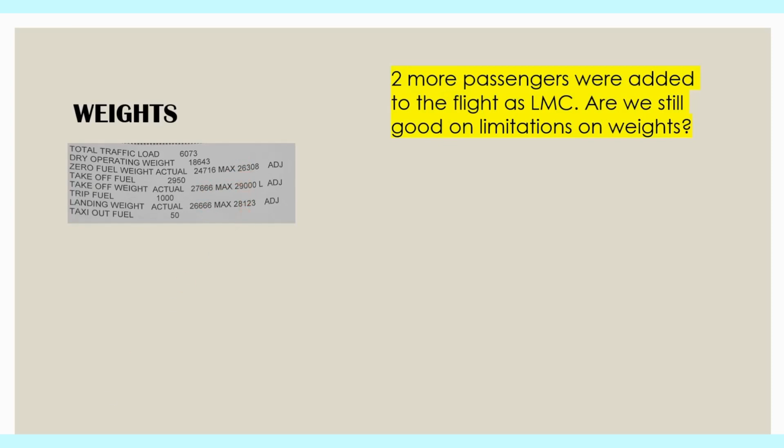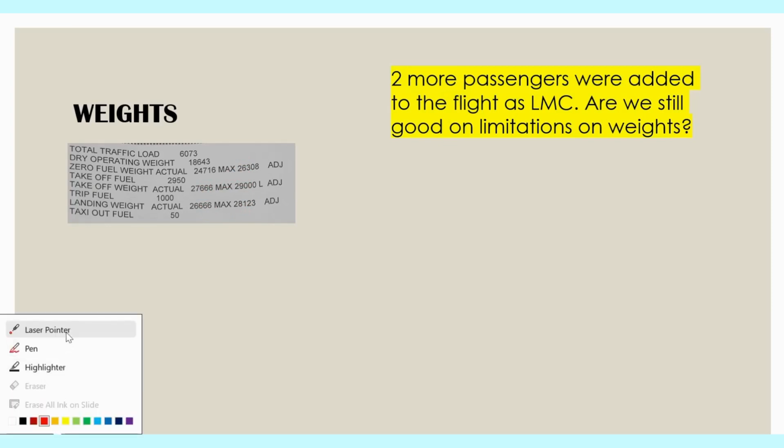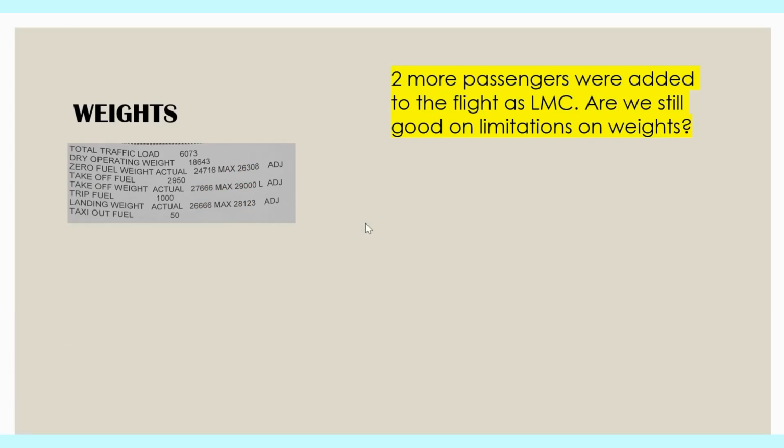Okay, now there was an example I wanted to give you here, and I already pointed out on this part of the slide. Two more passengers were added to the flight as LMC. The question is, are we still good on limitations, on weights?